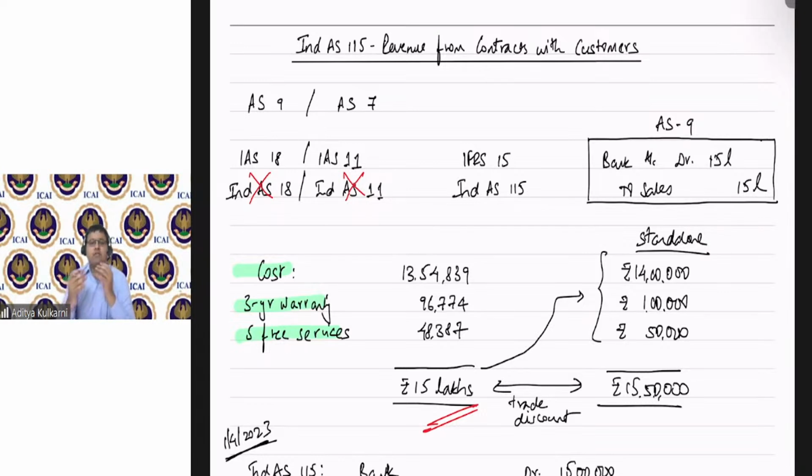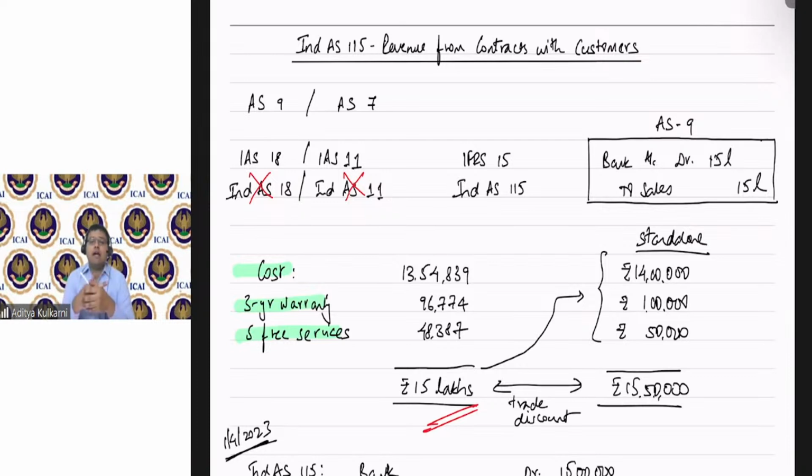So in this case, what would happen is the car sale would not be booked at 15 lakhs, but it would be booked at 13.54 lakhs, 13.55 lakhs. The warranty of the 3-year period will be spread over a tenure of 3 years. And the 5 free services would be recognized as and when the vehicle comes to the showroom for a free servicing.